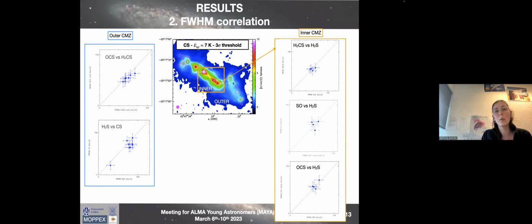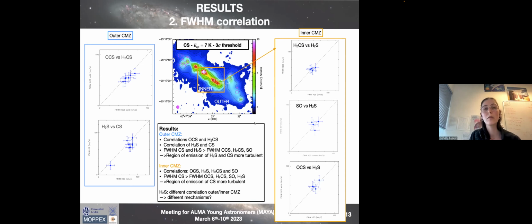If we look in the inner part of the CMZ, the situation is a bit different because we have H2S that is well correlated with H2CS, SO, and OCS. And all of the species are not well correlated with CS.